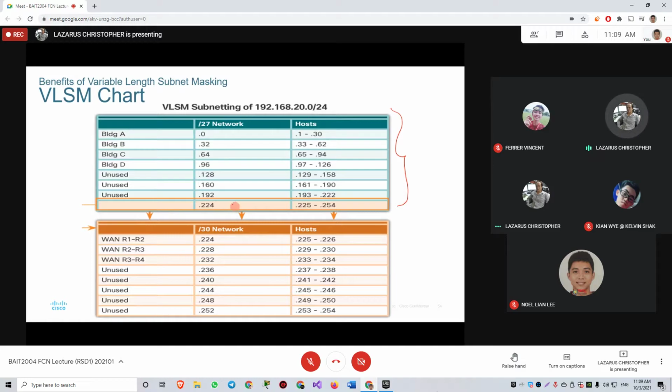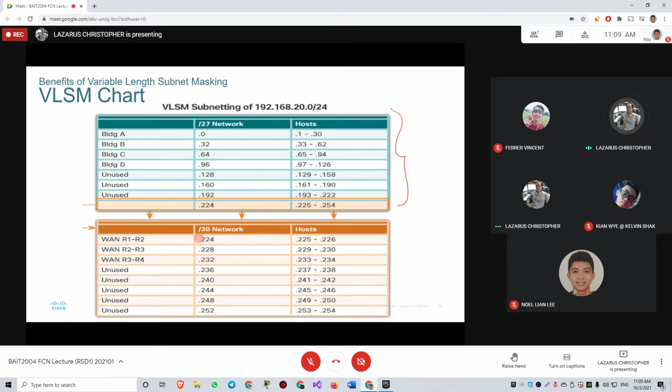I wanted to subnet again because I want to match the number of hosts available as closely as possible to the number of hosts required by that subnet. So within this range, starting from 224 until 255, then I divide again. Because it's /30, I divide into 8.